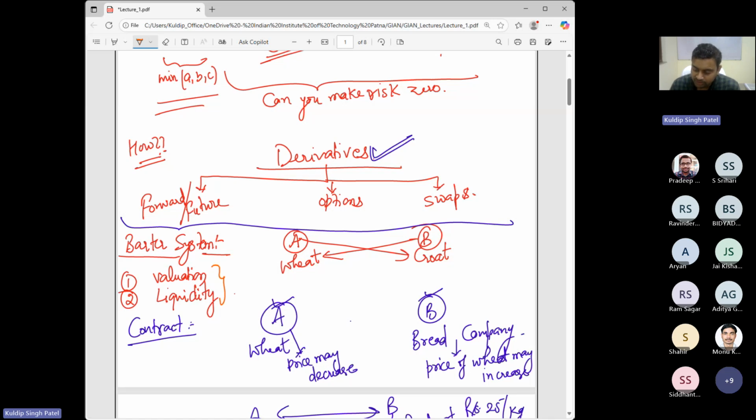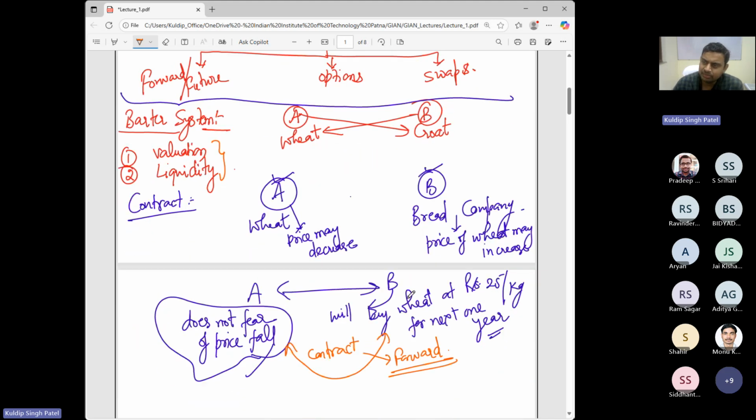Suppose you are looking for an iPhone and no one is ready to sell his iPhone, so how can you buy? And then we come to this one kind of contract, and I believe most of you must be familiar with it. In rural areas, they meet and decide some price for some asset, and then they take it later on.